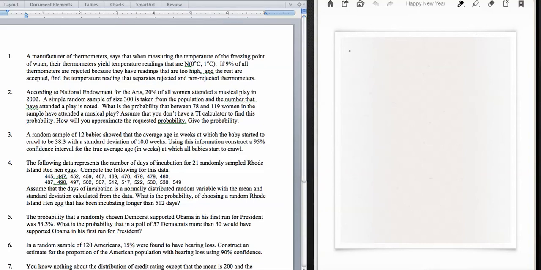So what I'm asking you to do is copy or capture problem numbers 1 through 6.